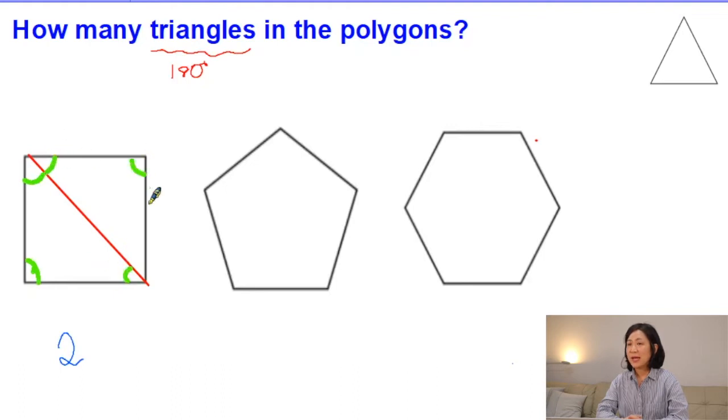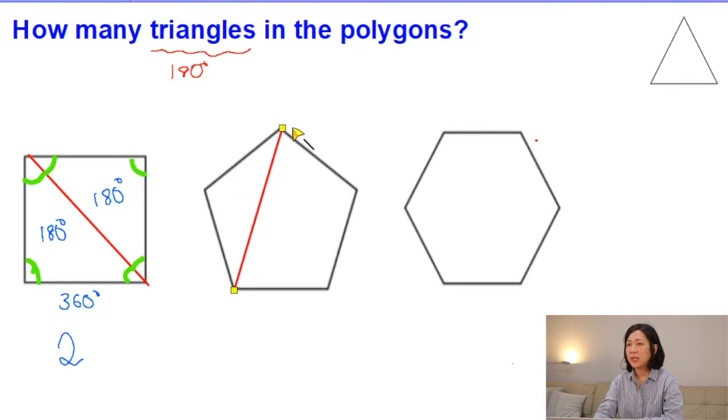We realized that all the interior angles of the two triangles make up the interior angles of a square, right? Then we can calculate that the sum of the interior angles of a square is 360 because we can see two triangles.